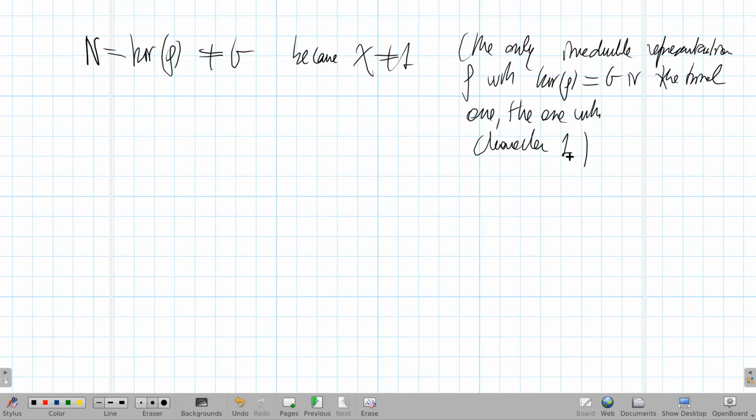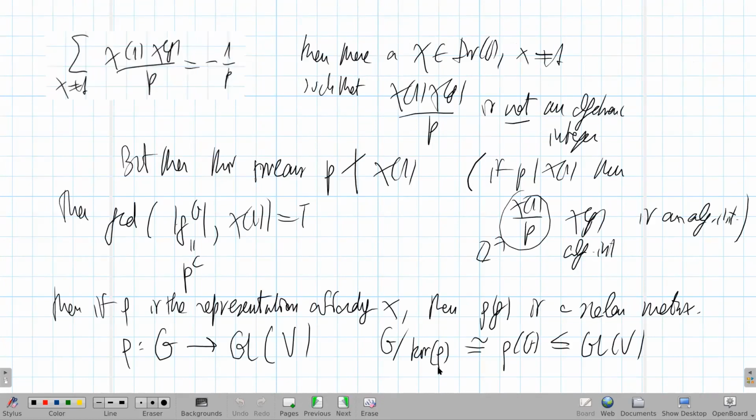Because if you have any other character, it will have a value different from 1, which means that this element is not in the kernel. Well, it's slightly more complicated, let me see whether I should explain. I'll be back to this in a second. Okay, since chi is different from 1, the kernel is not G, and we have this isomorphism, which I will copy again.